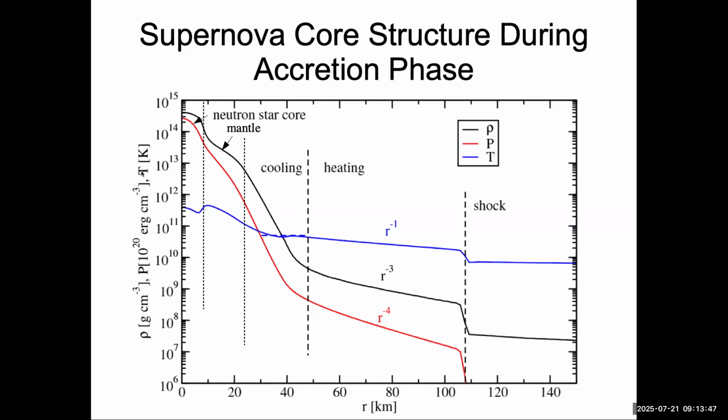Then that's surrounded by what I usually prefer to call a mantle, which has moderately high entropy. That's been shock heated shortly after bounce. Much of that will be at subnuclear, but close to nuclear densities. And then there's a cooling layer at the top.